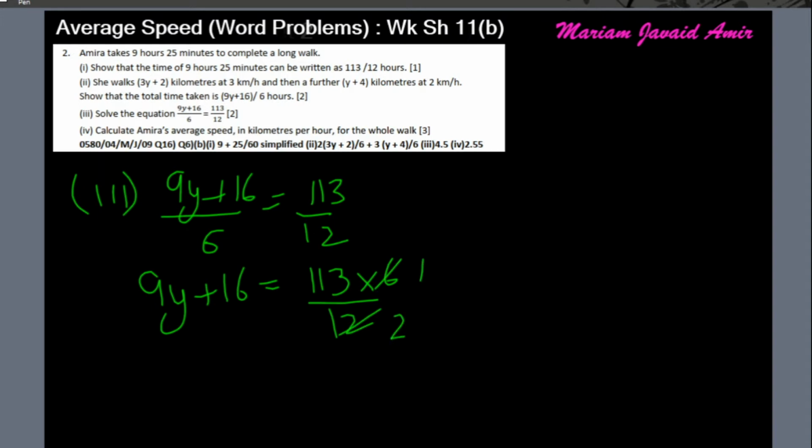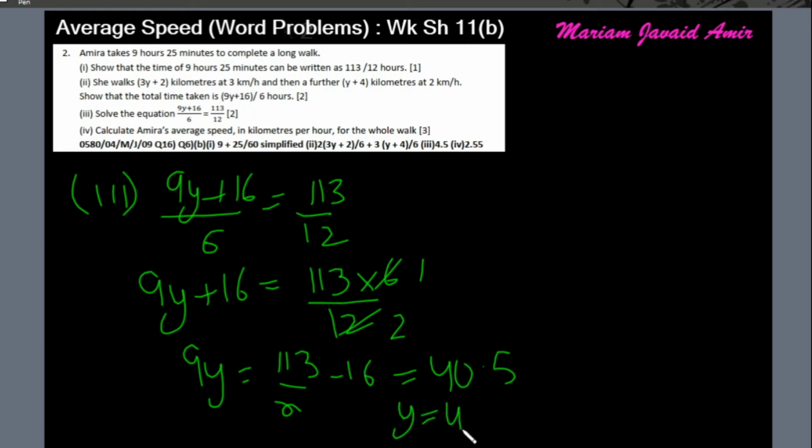Then take 16 to the other side. 9y is equal to 113 over 2 minus 16. Find the value of this in your calculator. 113 divided by 2 minus 16 is 40.5. Divide it by 9 and we will get 4.5, which is the answer for part 3. Part 4.